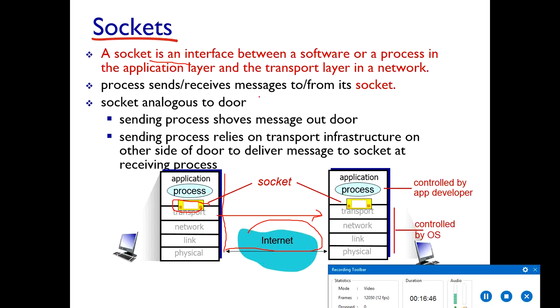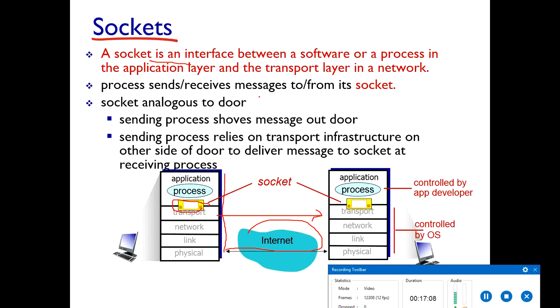Let's consider an example to understand the processes and the socket. For example, a process is just similar to your house. You live in a house, so let's assume that is the process. Now the socket is analogous to its door.